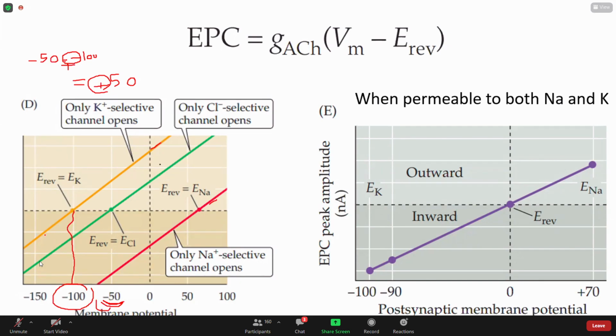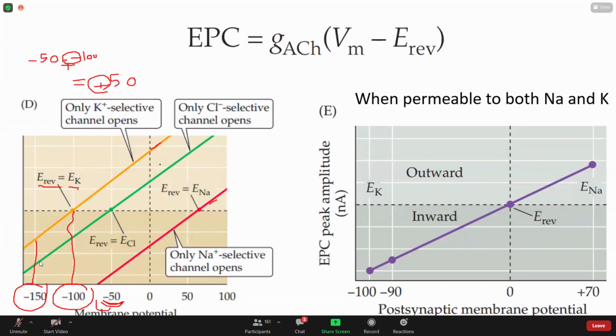Now, if the membrane was at negative 150, what do you think the movement of potassium would be? It will be in, okay? And so in this case, as you can see here, the reversal potential for the potassium selective channels is equal to the equilibrium potential for potassium.